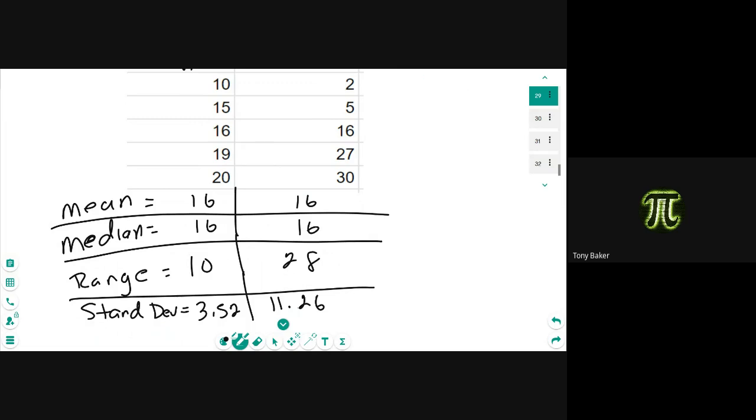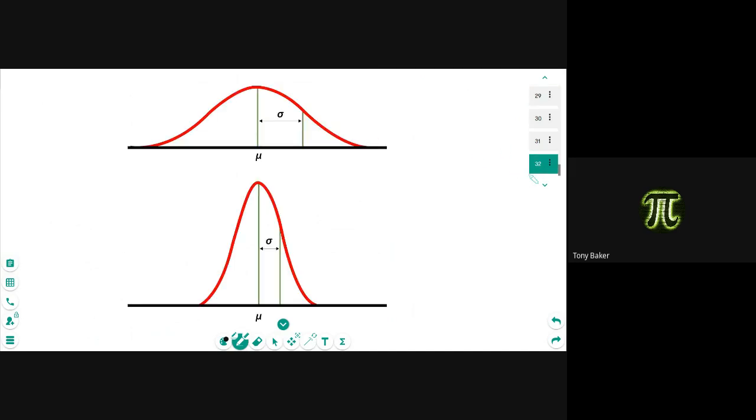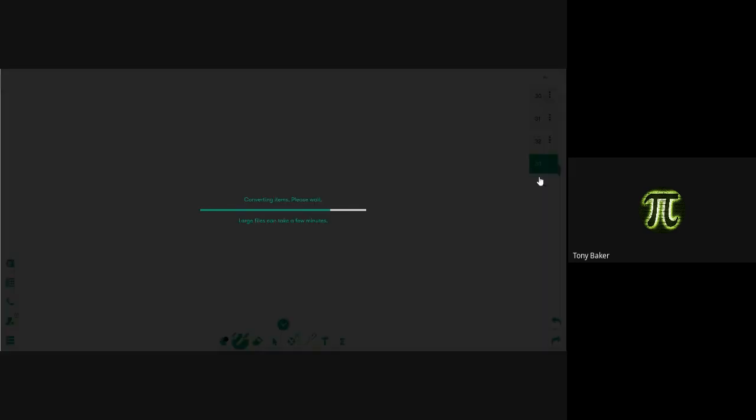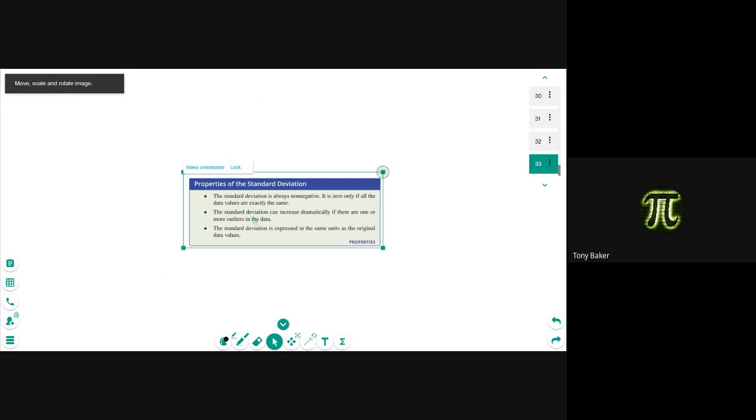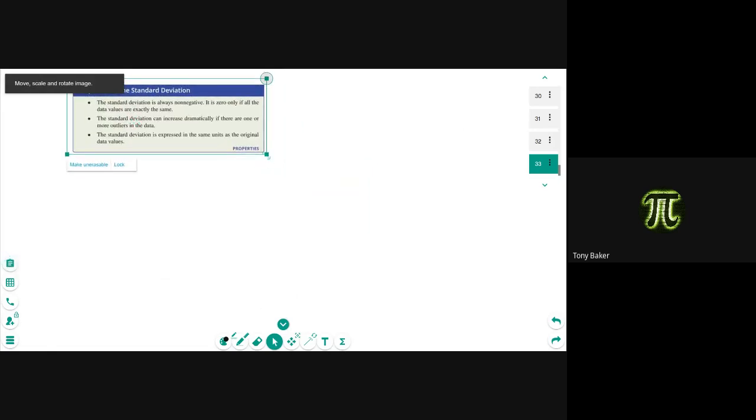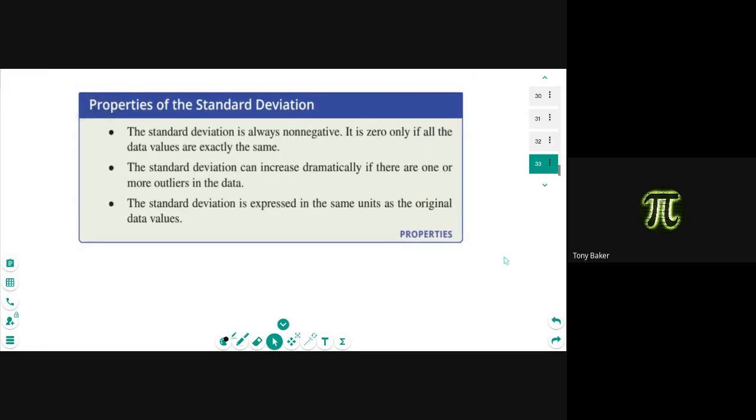Now let's go over a couple little things about standard deviation. Standard deviation is always positive. Standard deviation could be 0.